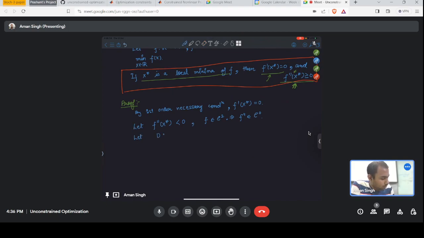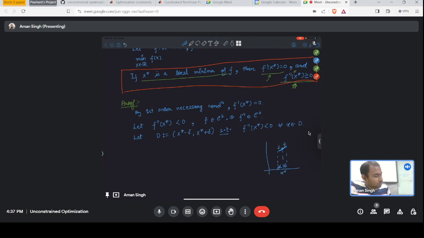Let D be equal to x star minus delta to x star plus delta, some neighborhood such that f double dash x star is less than 0 for all x belonging to D. So basically this is my x star, some neighborhood around it, delta, delta, and around this neighborhood the f double dash x is negative.